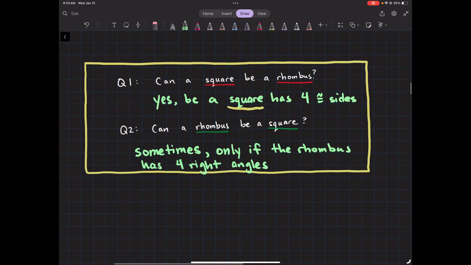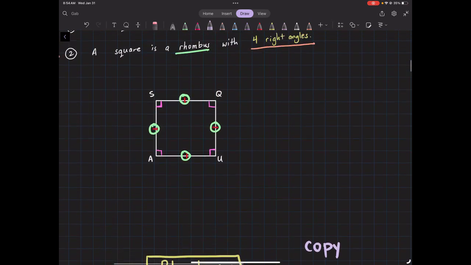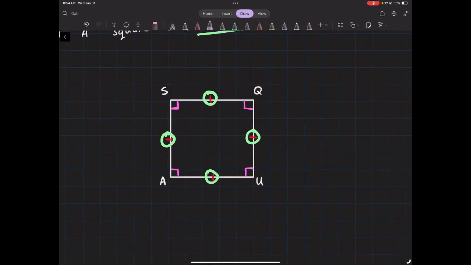Okay, well, let's say four right angles at the vertices. Okay, when I say the word vertices, I'm referring to like the points, right? So vertices are all the letters where they are.